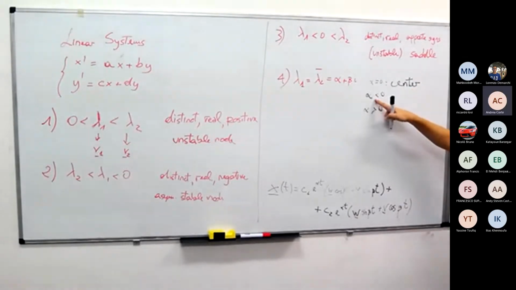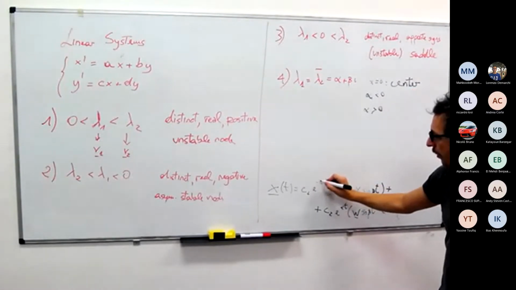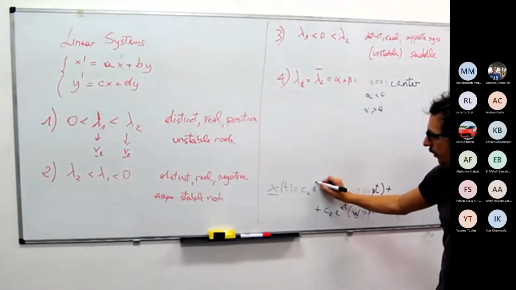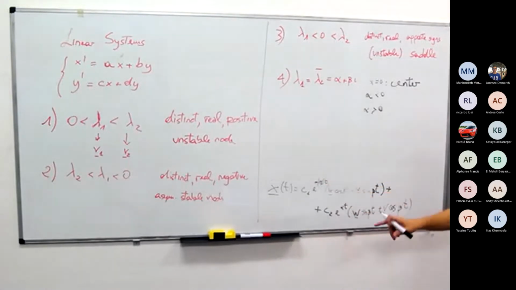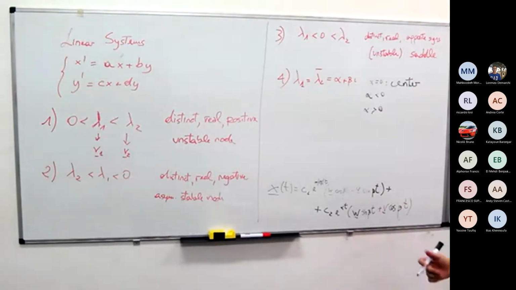No, because alpha less than 0 means that here I will have something like this, which is approaching the critical point for t that goes to infinity. When I'm approaching for t that goes to infinity, I have a stable point.